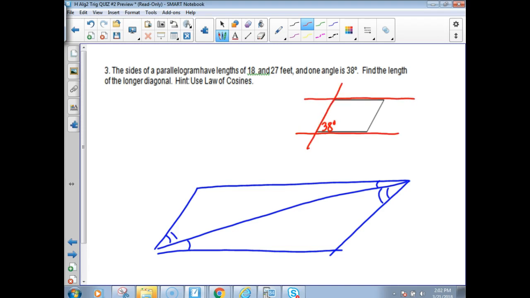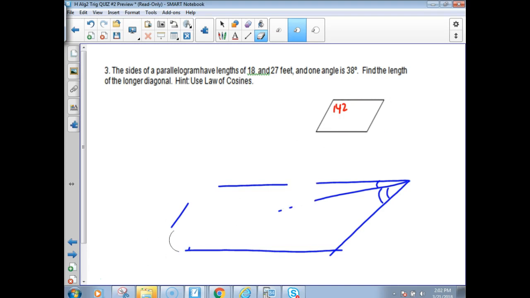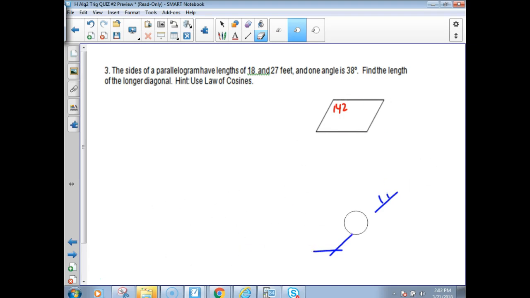They are supplementary because if parallel lines, consecutive interior angles are supplementary. So this is 142 degrees. That's what we're using the 38 for. We really don't need 38 on our picture. I'm using the fact that that little angle was 38 to find that supplement to it.